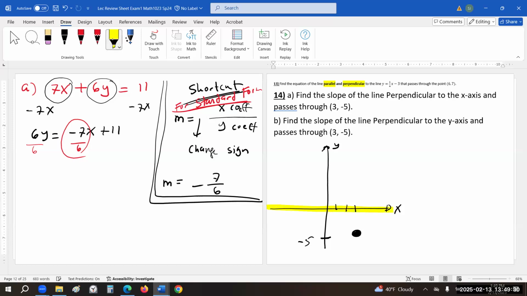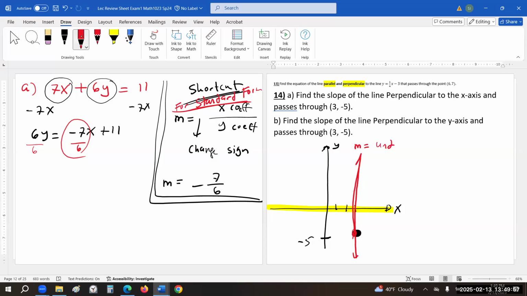This is the x-axis, right? How can you draw a line that goes through this point but is perpendicular to this? A vertical line, going straight up and down from this point. And what is the slope of any vertical line? Undefined. So the slope is undefined.